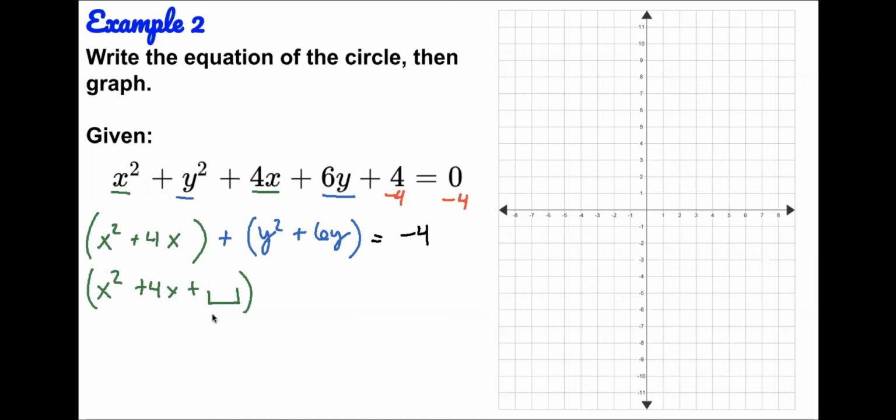I'm going to let you guys give me what my half b squared is for completing the square. So over here we have y to the power of 2 plus 6y plus that open space equals -4. And we're going to make sure we add those two terms, not forgetting to add them also on the right side.